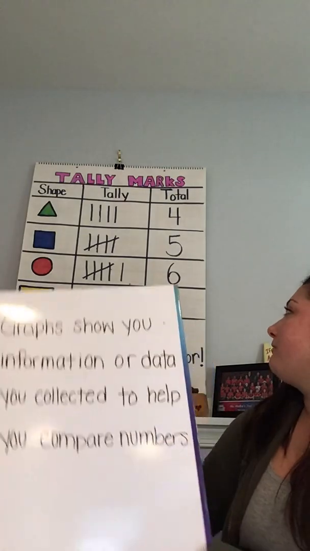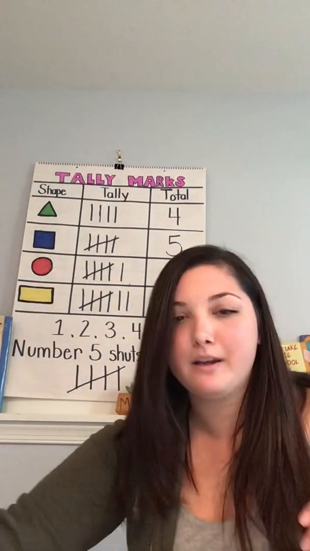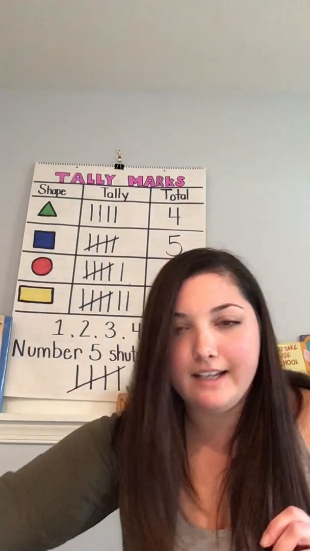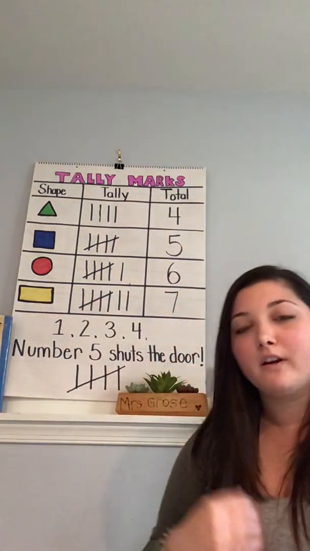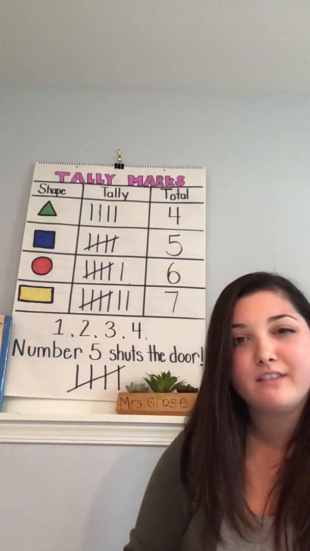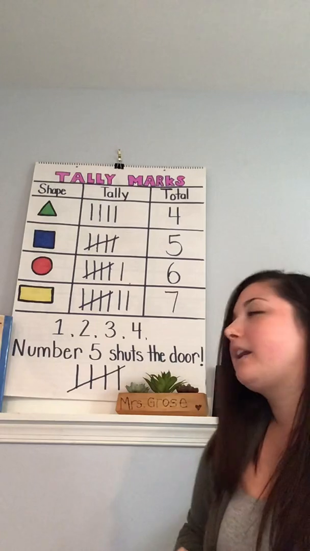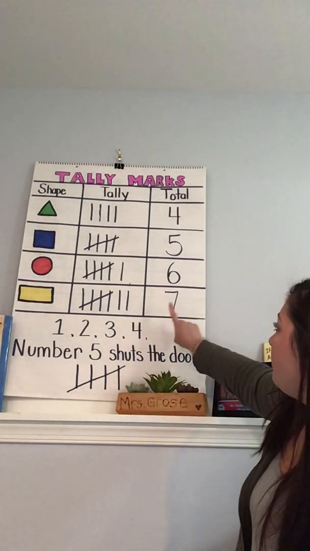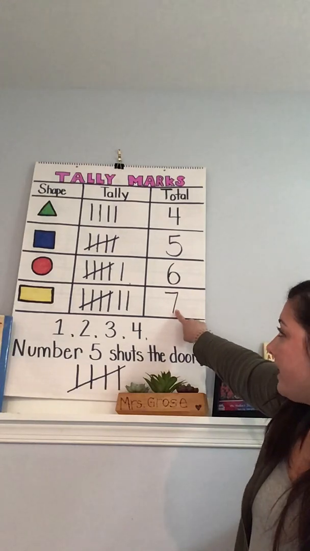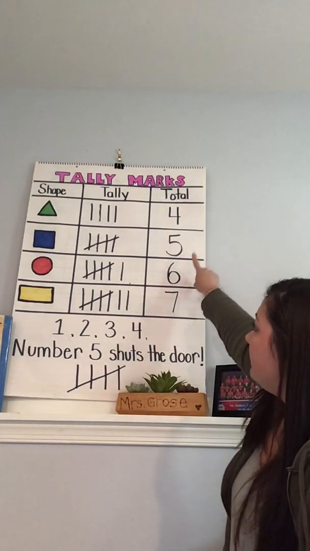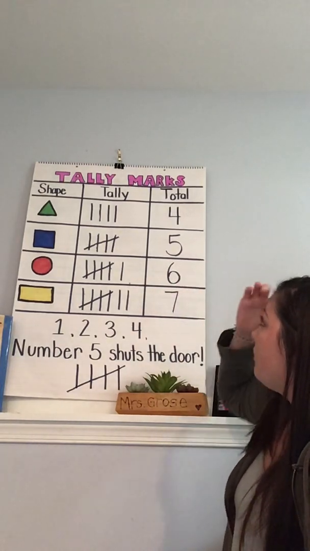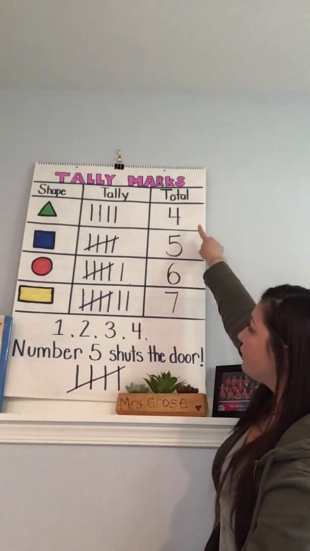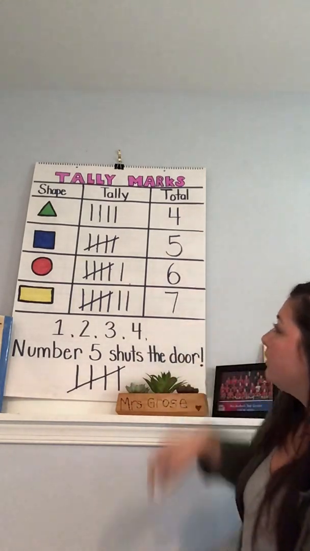Now that I have my graph complete, I can compare my numbers. I can see if I have more of something, less of something, or if something is the same amount. So when I look at my chart here, I can tell that I have more yellow rectangles than red circles, and I have less green triangles than blue squares.